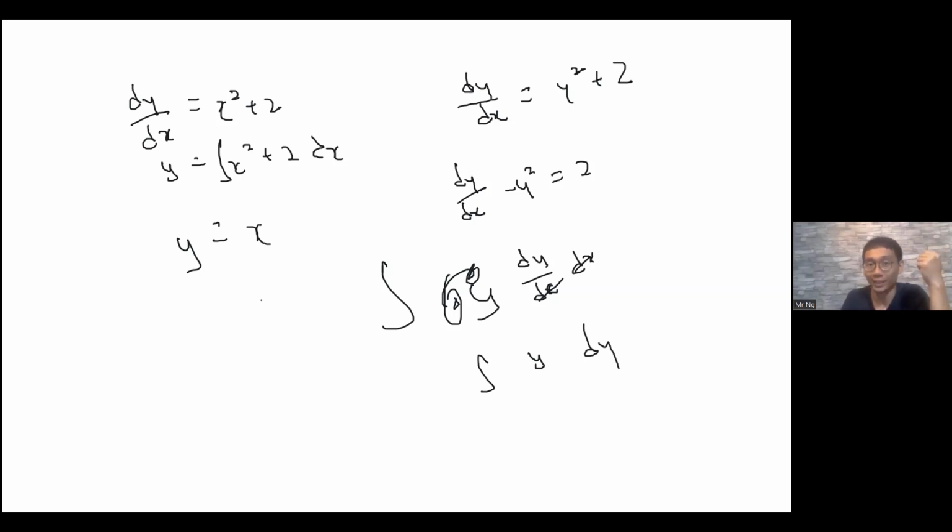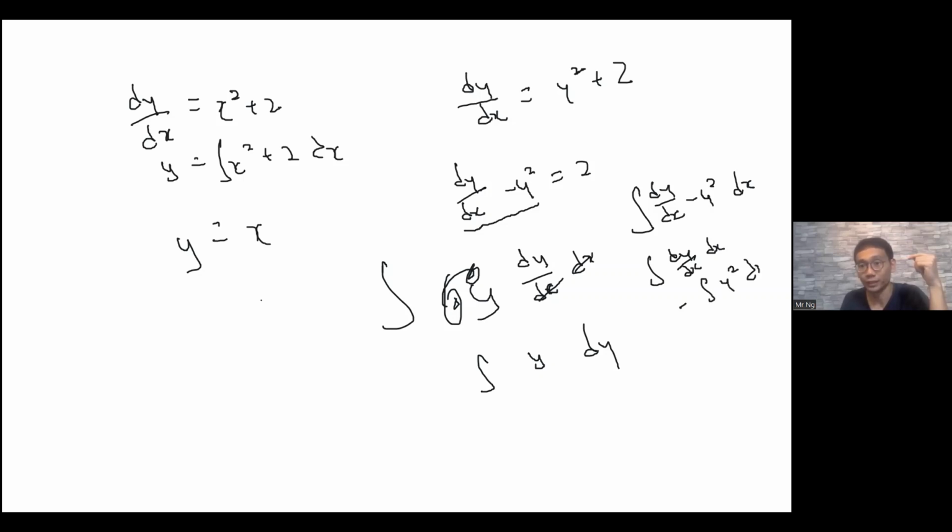But then it shouldn't be done this way, because at the end of the day you are integrating with respect to x, so this thing doesn't really serve a purpose. Why do I say so? You can break out the minus and plus, and you're still stuck with this.